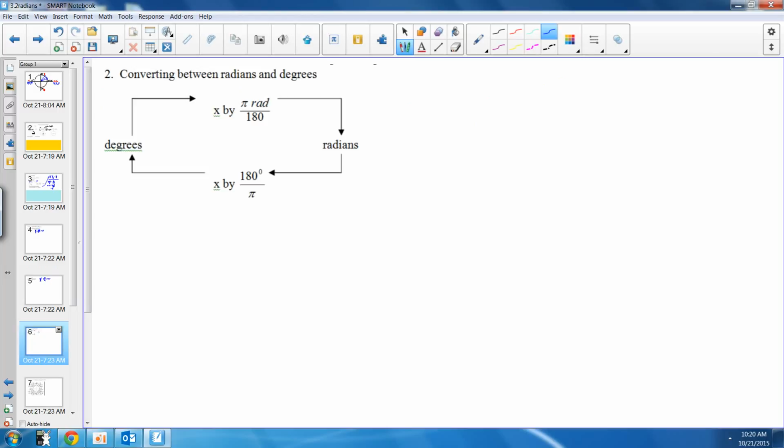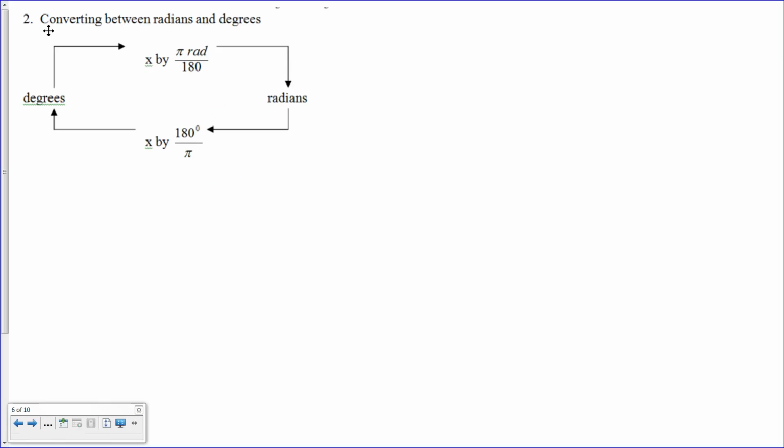If you actually get it, you do not have to write this down. If you're comfortable with what you're multiplying and in what order, then you wouldn't have to write this down. This is showing you how to go from degrees to radians and radians back to degrees, and you're seeing that these are just reciprocals of one another. It's not like you have to memorize which one you're multiplying.